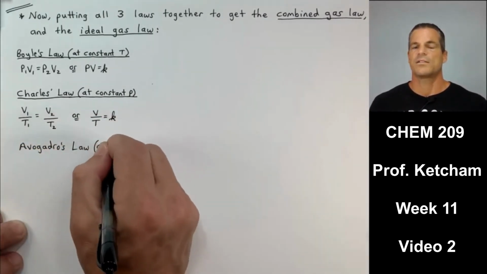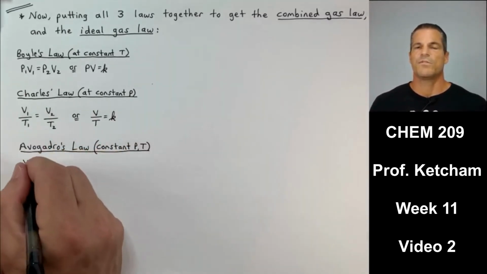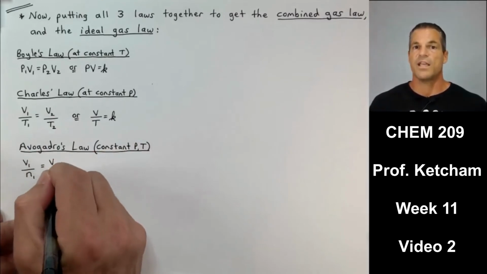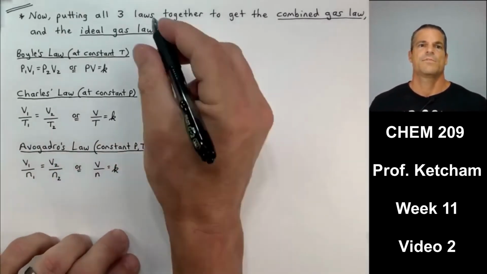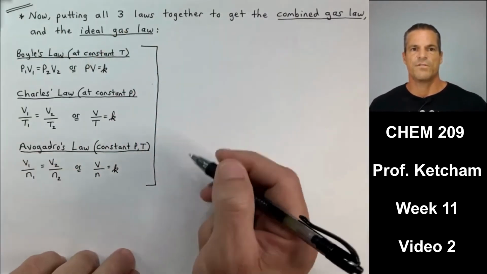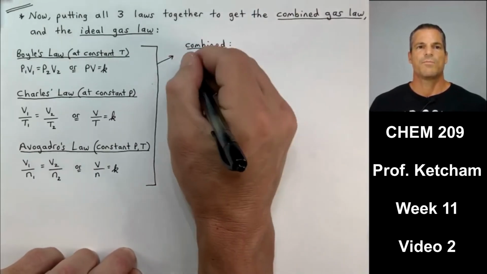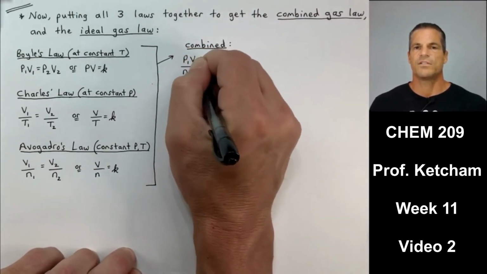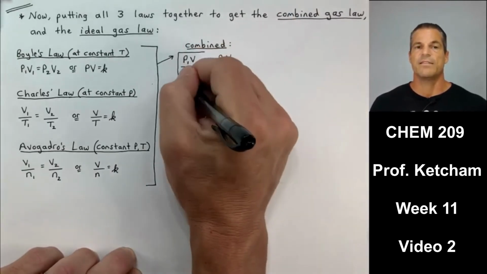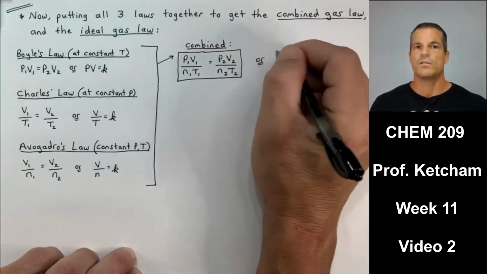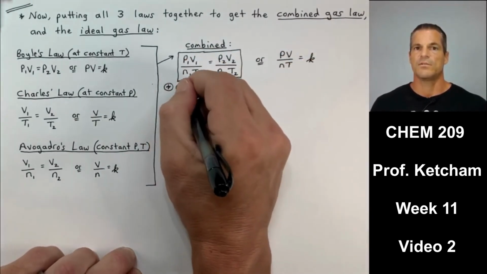This one was held at constant pressure and temperature, and it's V1 over N1 equals V2 over N2, or for our sake here, V over N equals K. So PV equals K, V over T equals K, V over N equals K. Well, the P and the V are always in the numerator, while the N and the T are in the denominator. So if I combine that, I get P1 V1 over N1 T1 equals P2 V2 over N2 T2.